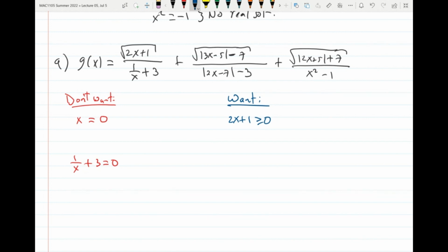Let's see, the next one. Is there anything that we don't want? Yes? It's easy. I mean, it's the same idea as what we have been doing. So what we don't want from the next one? Yes?